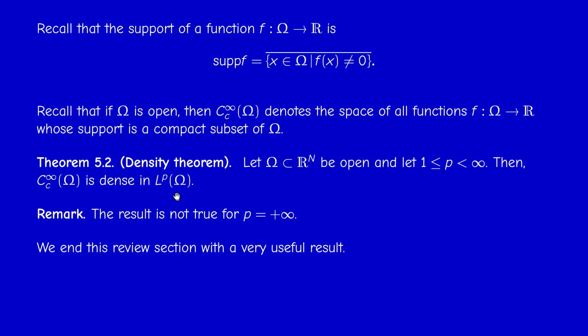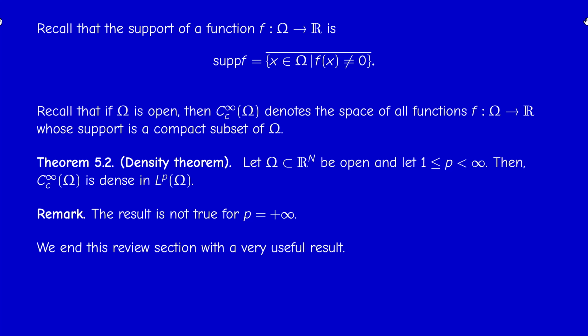This is important, because elements in L^p need not even be continuous. The condition of belonging to L^p is just an integrability condition, so it says nothing about the smoothness of the function. But this theorem says that any function in L^p can be approximated by a sequence of very nice functions. And this result does not hold if p is equal to plus infinity.